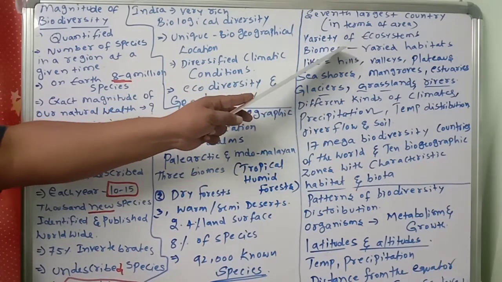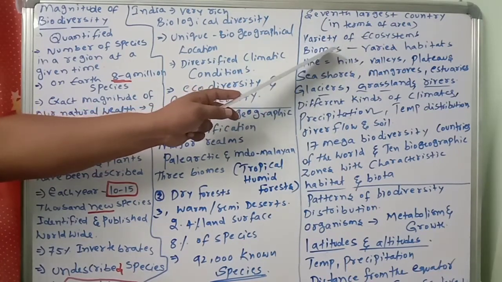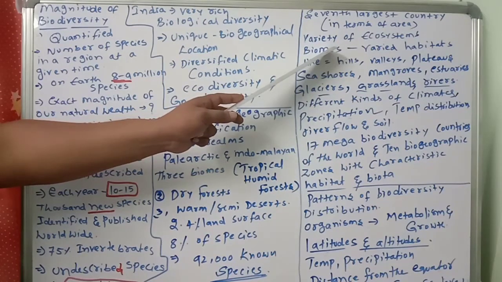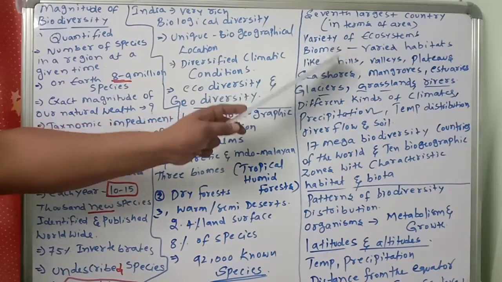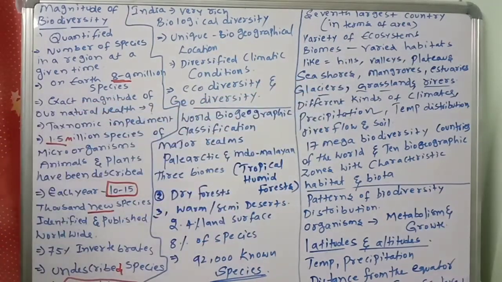Biomes are called ecosystems, with its varied habitats like hills, valleys, plateaus. What are those varied habitats?